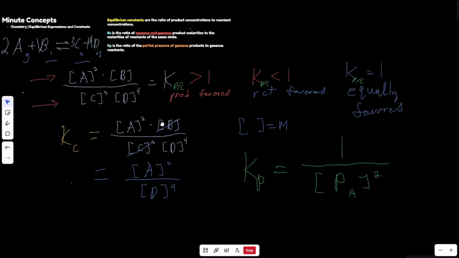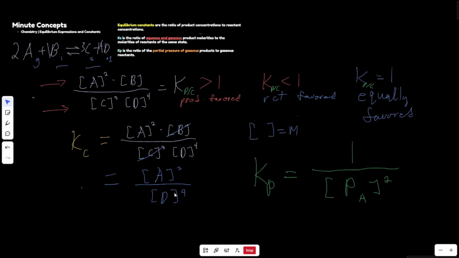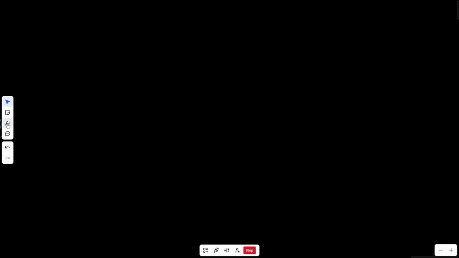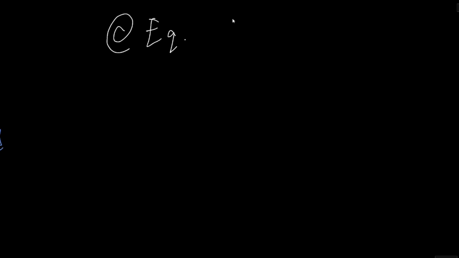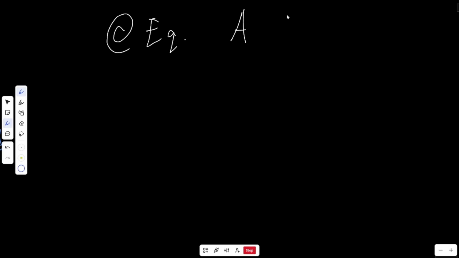So, let's try a simple example. Let's zoom in a bit. Let's say we're given, at equilibrium, consider the reaction. Let's just go with another A and B, a simple one.